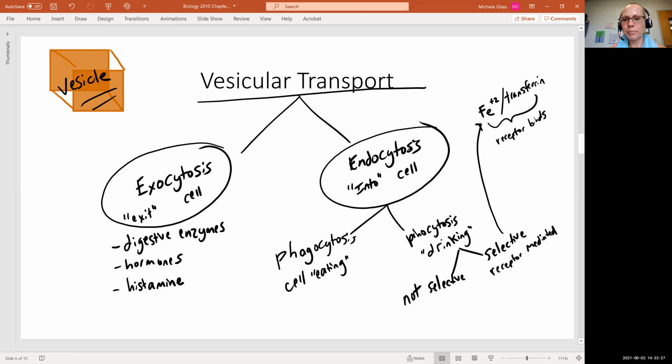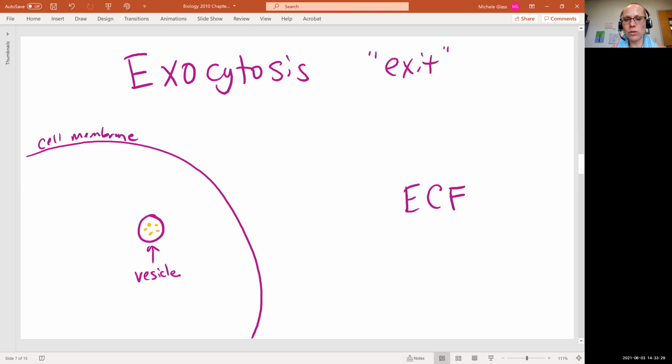When we look at our vesicular transport, we can use this as an example of exocytosis. So here in this picture, I have my cell membrane and I have just a vesicle inside. That's just a circle with a little bit of yellow dots. And what we're going to see is that vesicle is going to move until it connects to that cell membrane.